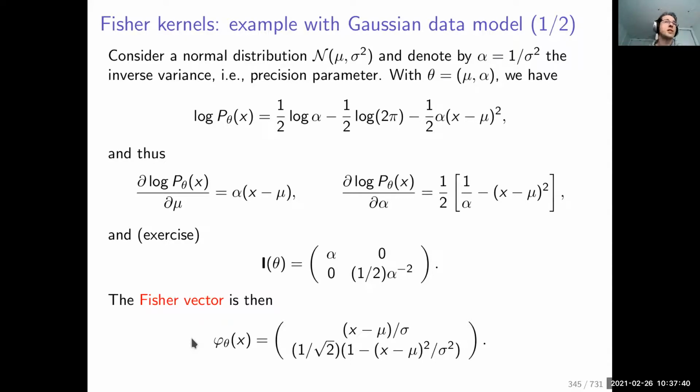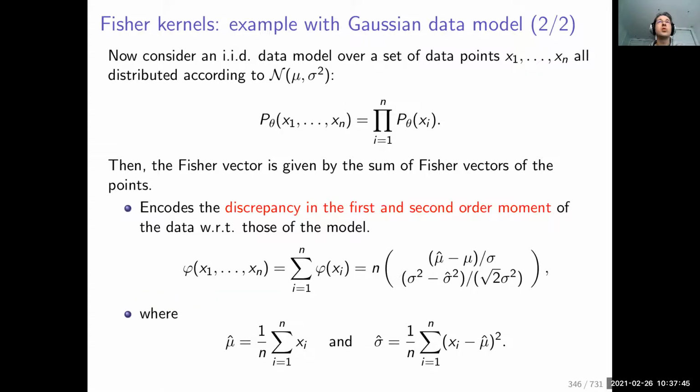It's actually easier to interpret if we consider a model which is a bit more complicated, because the Fisher vector is actually more useful to encode a set of points instead of encoding a single point. Why is that?